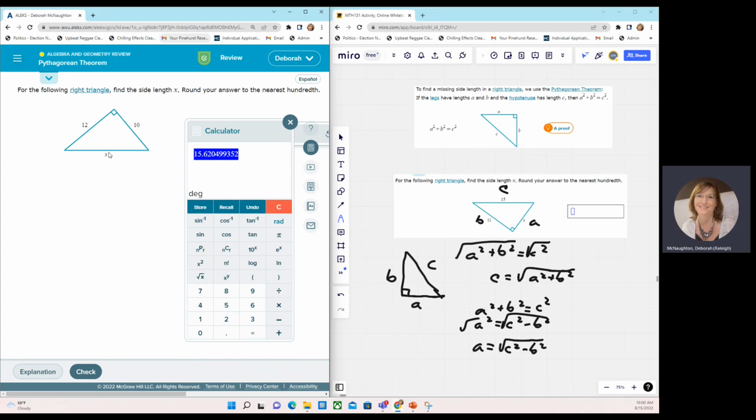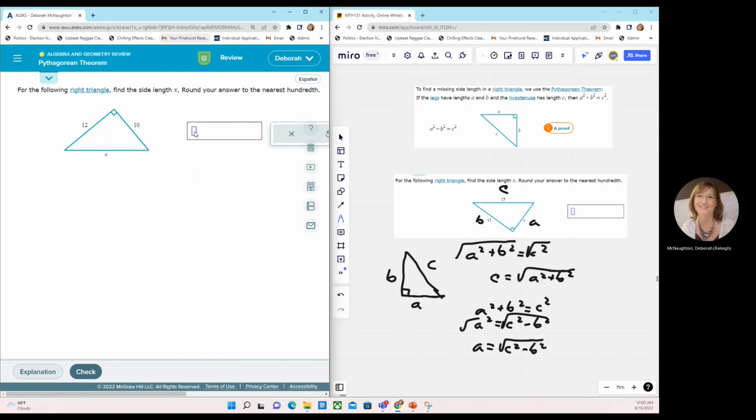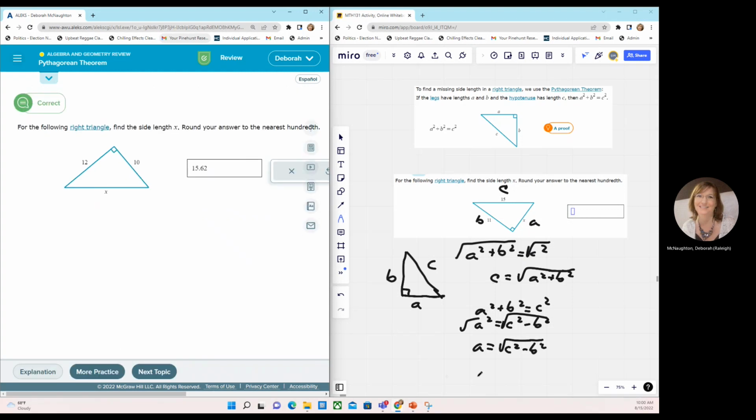It's opposite the right angle, so this is larger than 12 and 10. That's how I know I did it right. And this is 15.62. And there you have it, a much easier way to solve your Pythagorean theorem problems.